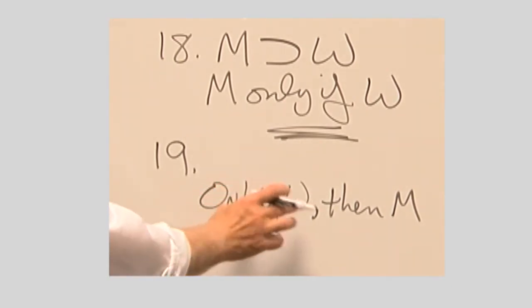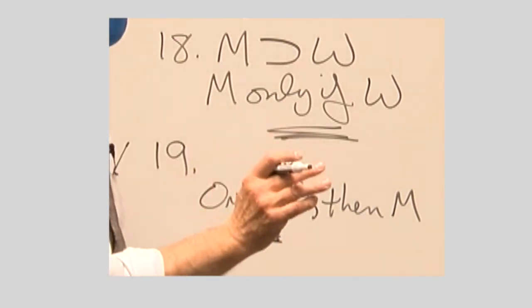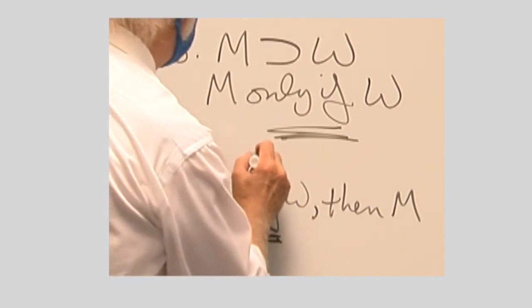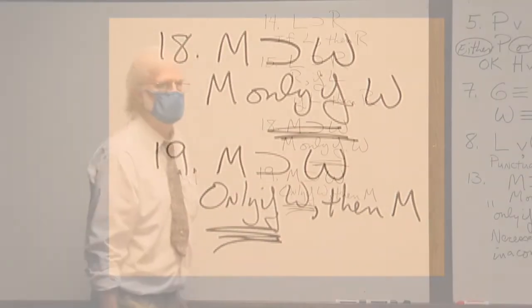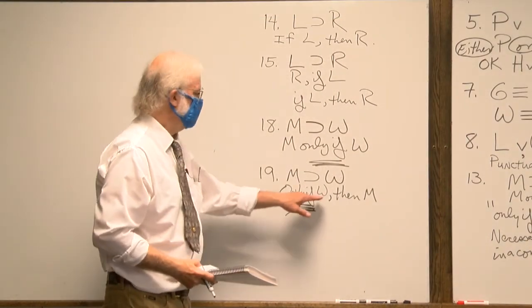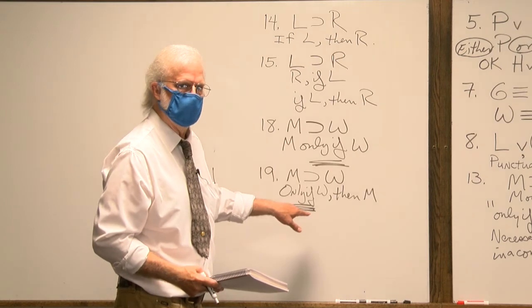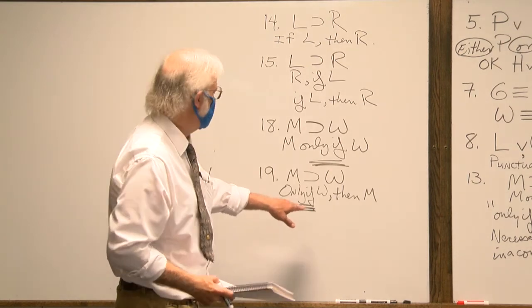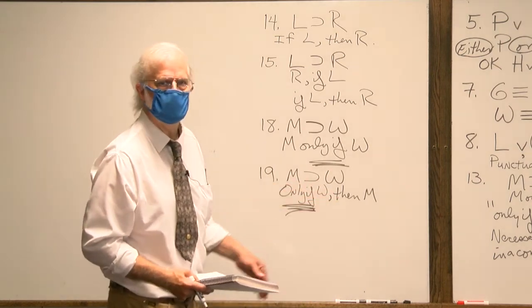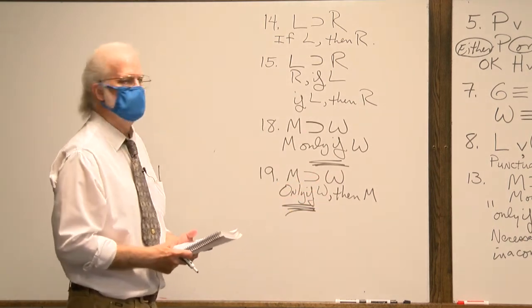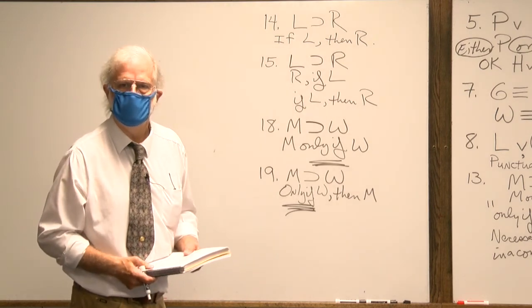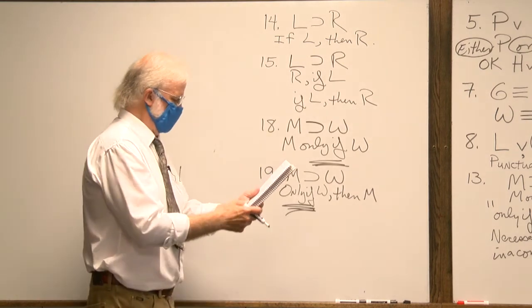And so that simple statement will always go to the consequent spot or the right side of the horseshoe statement. So this one, again, like 18, is going to be M, horseshoe W. Even though W is given first at a grammatical level, it is a necessary condition, so it absolutely must occur in the consequent spot to the right side of the horseshoe.